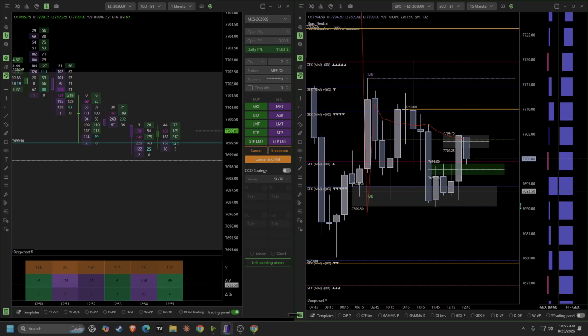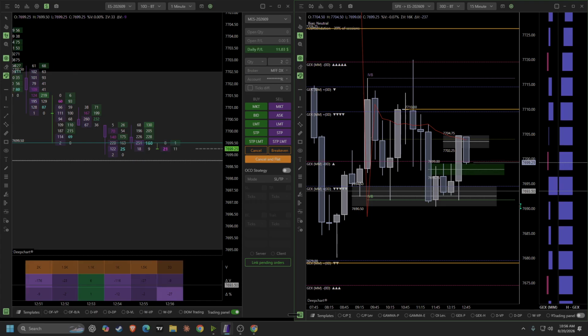Then half of all the options flow every day comes from the 0 DTE options. And then the options flow encapsulates all of the monetary value, the notional value of the stocks, the futures, ETFs, crypto, everything.